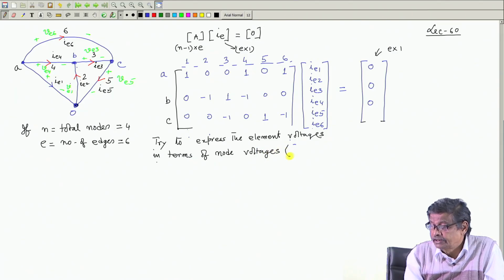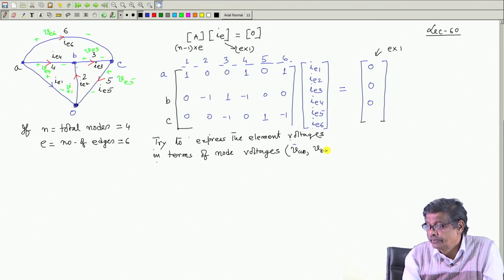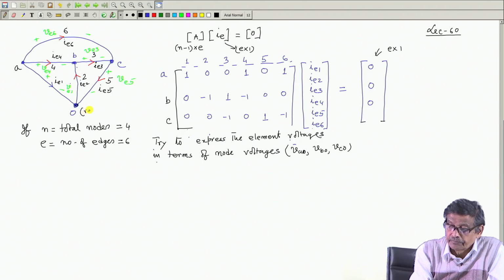What are the node voltages? V A 0, V B 0 and V C 0. 0 is the reference node.